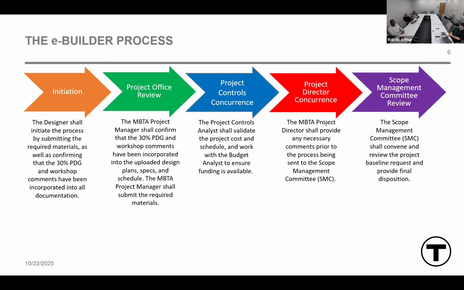Then it goes to the project director for concurrence. Project director shall provide any necessary comments prior to the process being sent to the scope management committee. The scope management committee is a new committee that we've developed with representatives from different parts of the MBTA. And this will be seen in both of these new processes. So the scope management committee review step is the final step. The scope management committee shall convene and review the project baseline request and provide a final disposition.